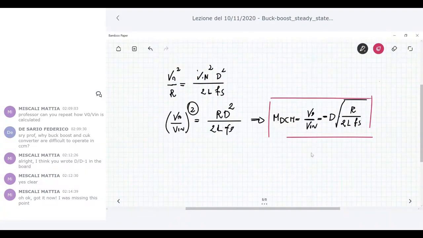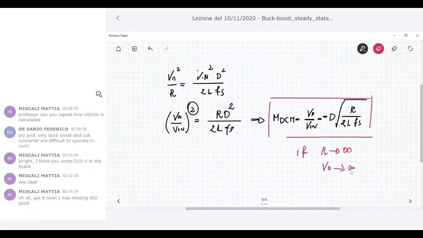If you look here, it depends on R in the sense that if R is increasing, V naught is also increasing. If, for example, R goes to infinity, what does it mean? That I'm disconnecting the load, so I extract the load R from my circuit, and then V naught becomes infinite.